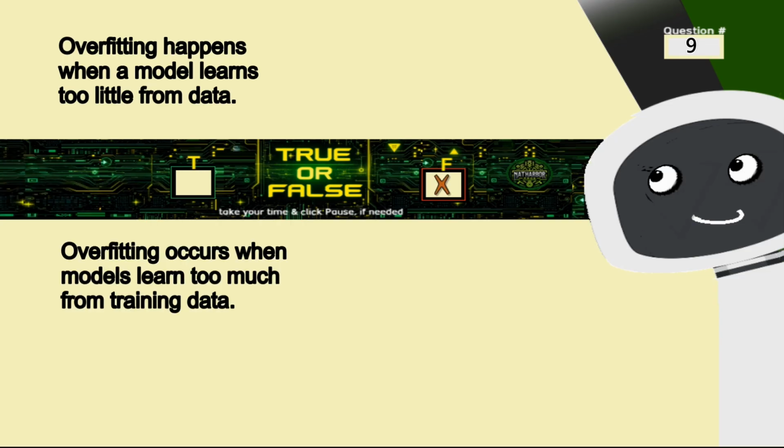True or false? Overfitting happens when a model learns too little from data. That's false. Overfitting occurs when models learn too much from training data. True or false? Machine learning models cannot be updated after training.